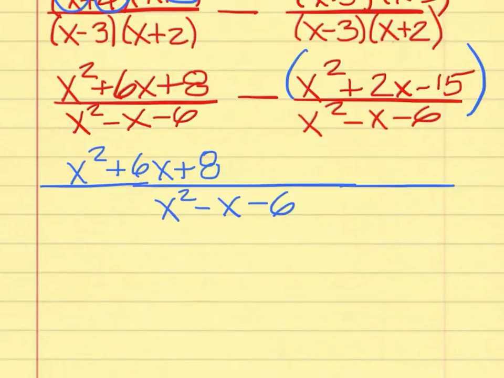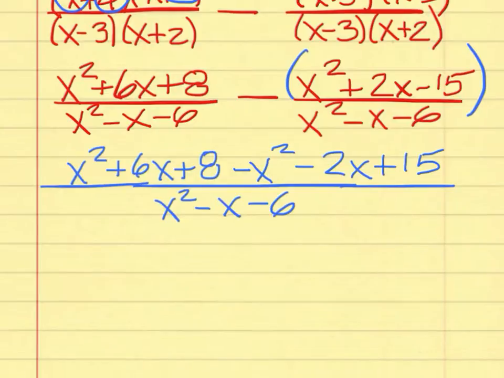Whenever I minus a quantity, what happens to all of the items inside that quantity? The signs flip-flop. That's right, the signs change. So I would have minus x squared minus 2x plus 15.